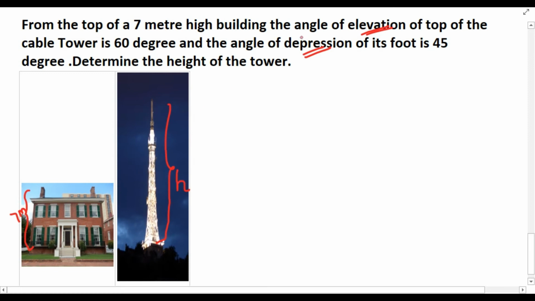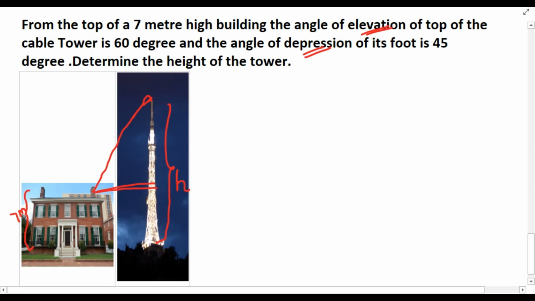So two things have been given. Till now we were doing the problems only with angle of elevation. In this question, both angle of elevation and angle of depression are there. So from the top of a 7 meter building, one person will be seeing the top of the tower. Here is the top of the tower, the angle of elevation.